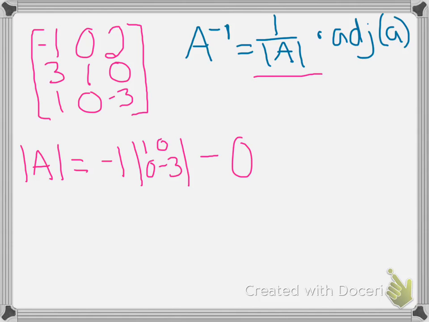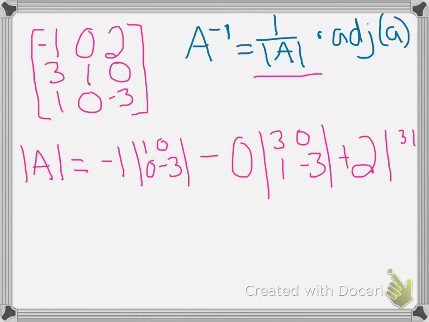Then we do 0 multiplied by the determinant of 3, 0, 1, -3, plus 2 multiplied by the determinant of 3, 1, 1, 0.